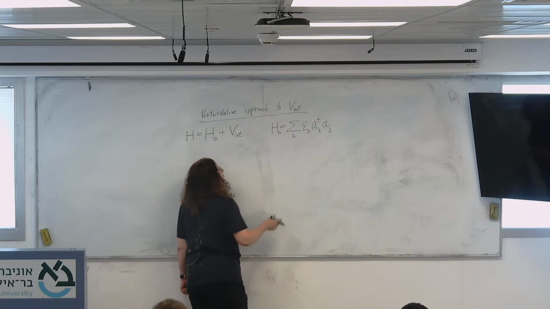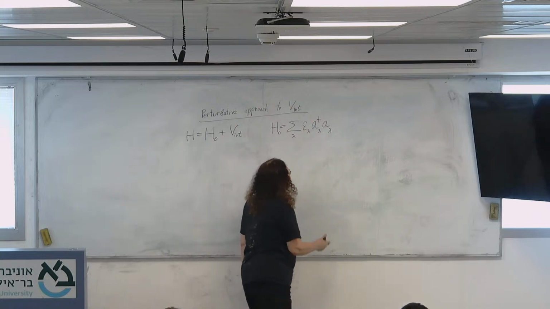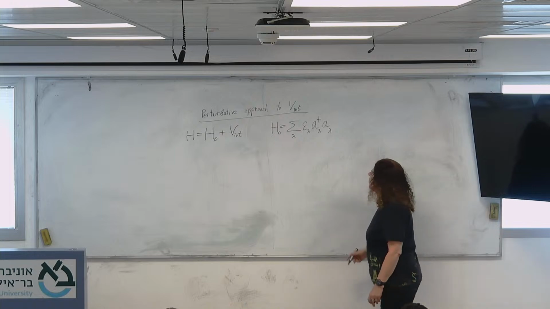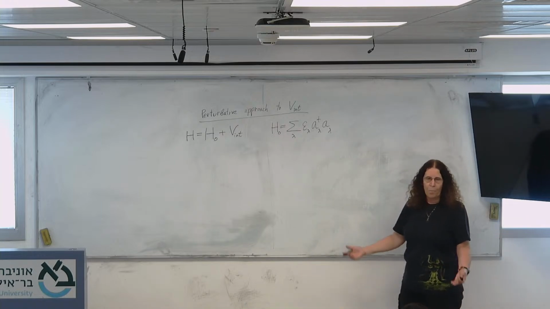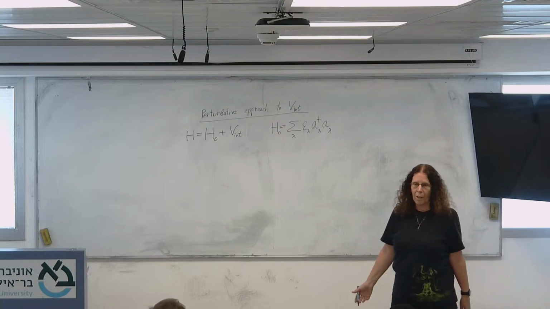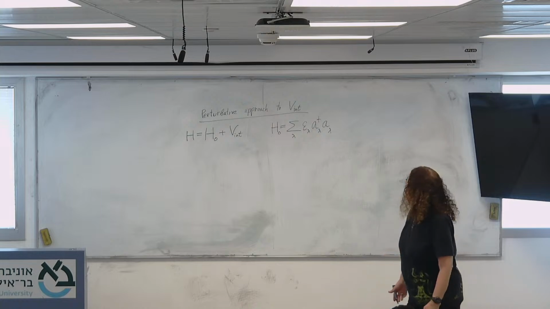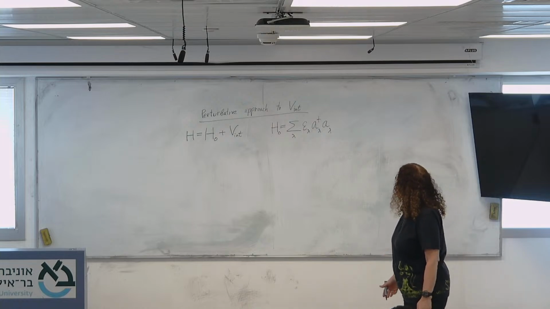And we already know how to solve this problem. What do I mean by solving? For example, we know what is the ground state of this Hamiltonian.